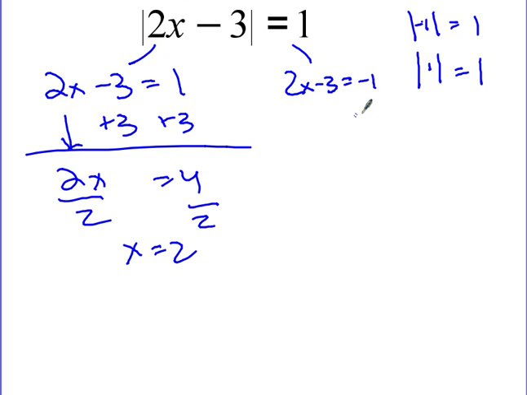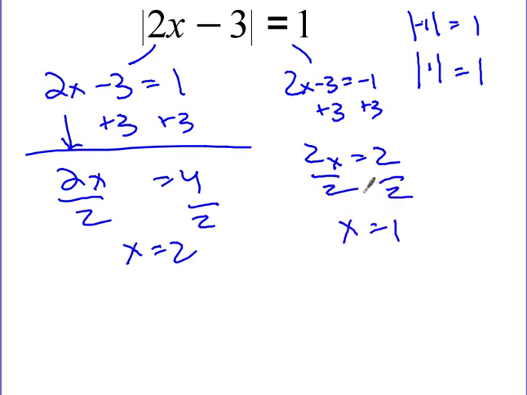Yes. But I also have to figure out how to get negative 1 in there as well. So if I add 3 to both sides, I get 2x equals positive 2, divided by 2, x equals 1. That also works, because if I plug in 1 here, 2 times 1 is 2, minus 3 is negative 1. The absolute value of negative 1 is equal to positive 1.